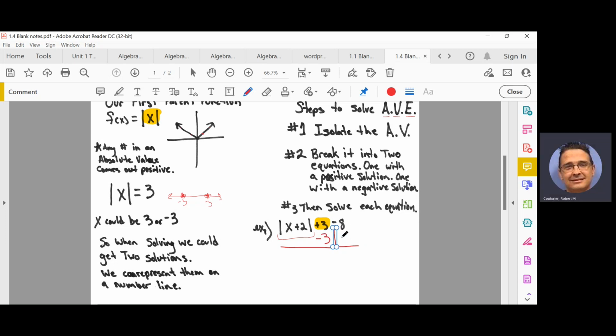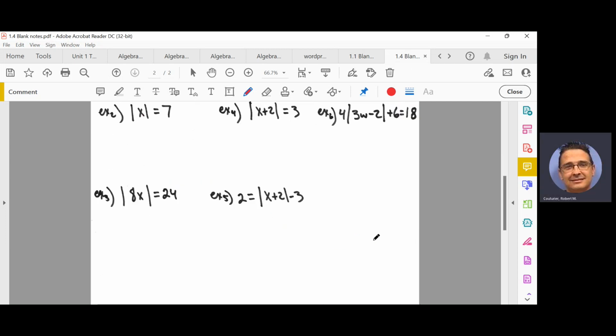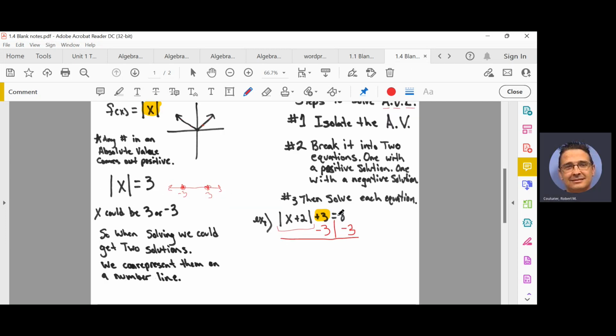And if we do it to one side, we can do it to the other, right? So 8 minus 3 leaves us with 5. And now we have the absolute value of x plus 2 is equal to 5. Step 1 is done. We've isolated our absolute value.